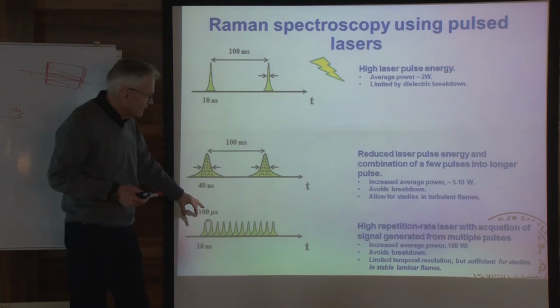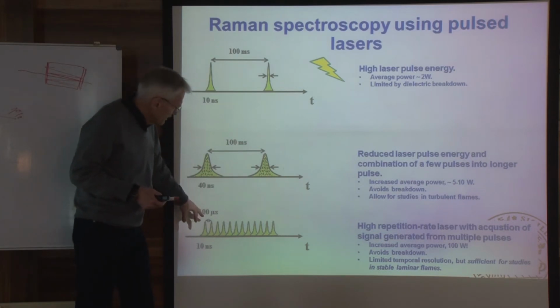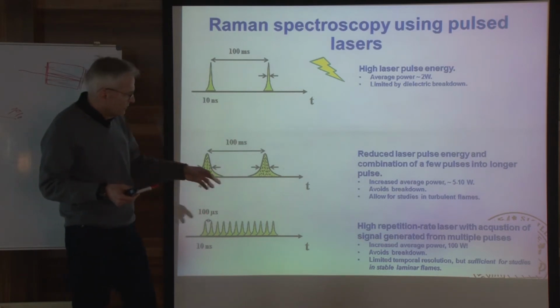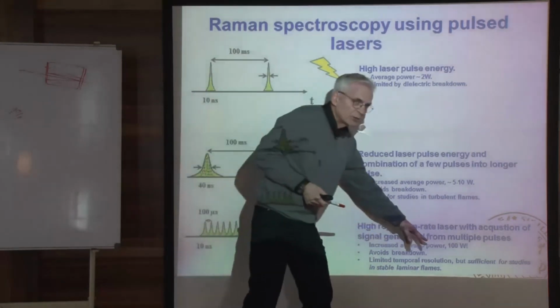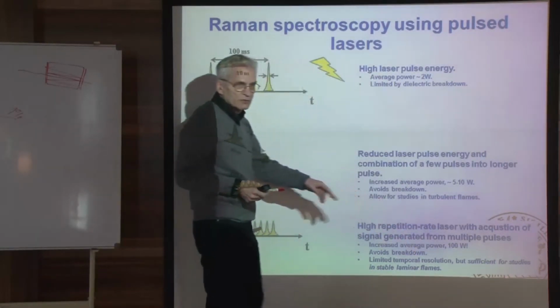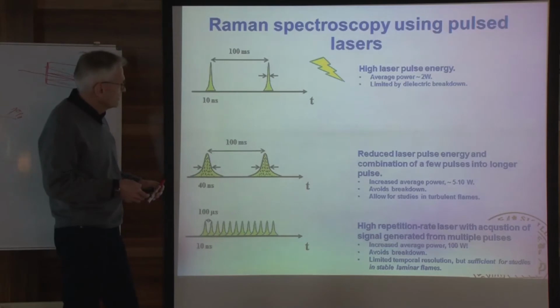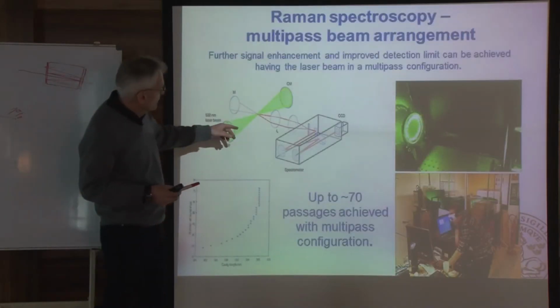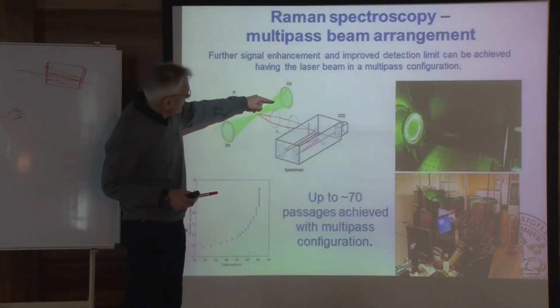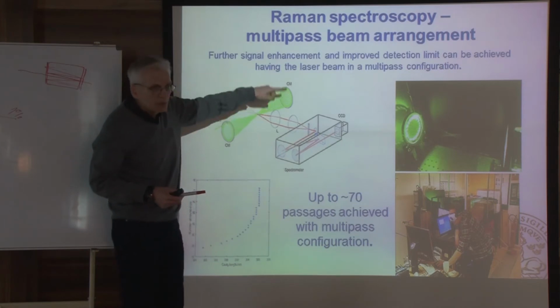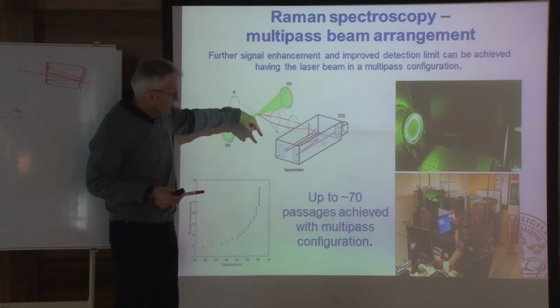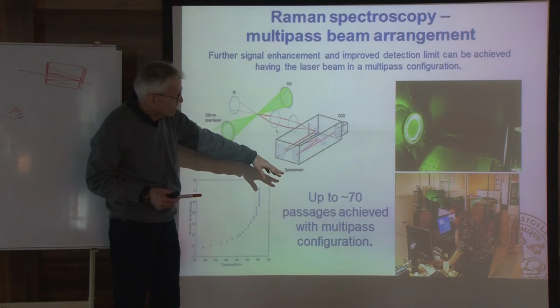That means that we have an average power on the order of 100 watt in this. And not only that, we could also make the multi-pass, so the beam goes back and forth up to 70 times, which we have shown.